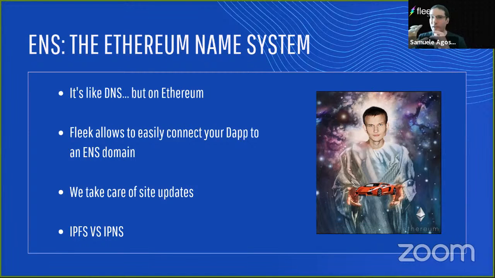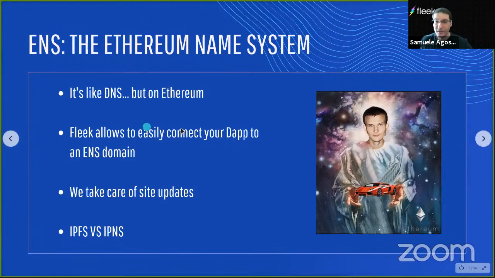So that's where you can connect Ethereum and IPFS together, so that not only your website is decentralized, but also the domain name system that you use is decentralized. And if we have time later in the demo, I might cover that. It's going to depend on the amount of time that we have.